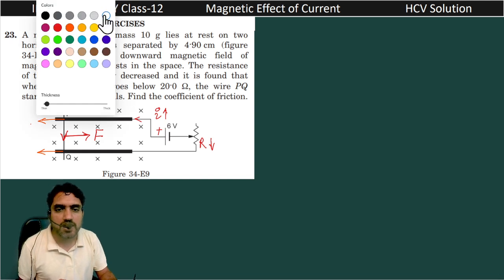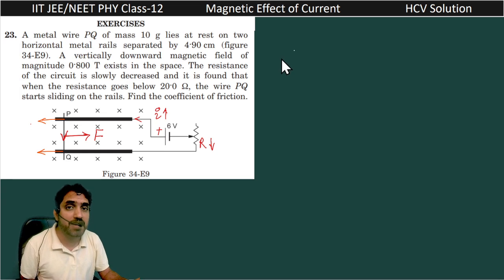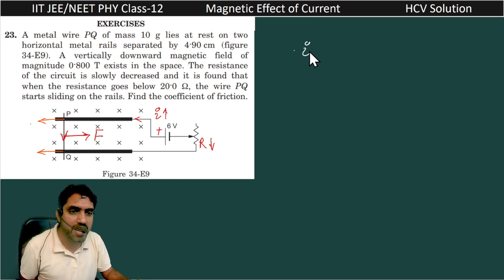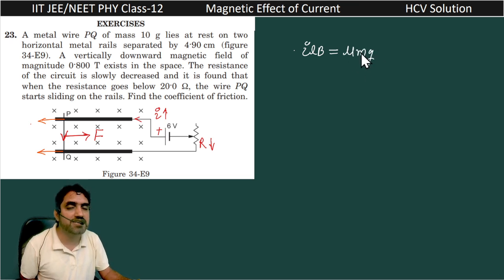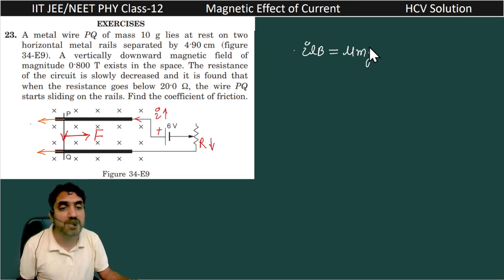So at the minimum value of R, meaning the maximum value of I, when the wire starts to slide, this force ILB should be equal to mu mg.